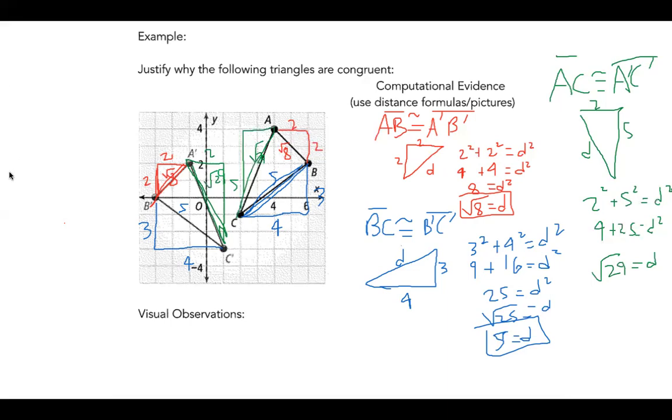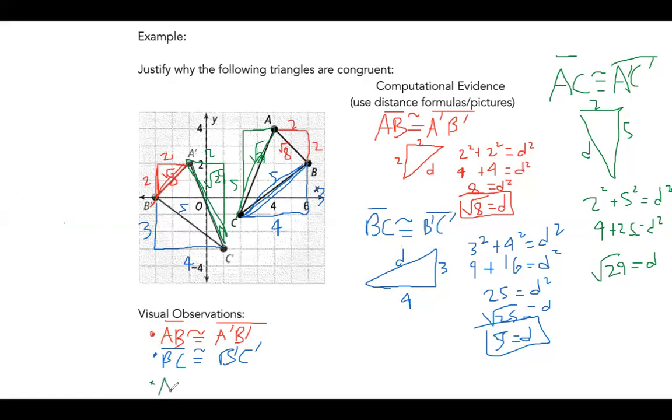Now, I should say that before you do the proof, if you're struggling a little bit with the computations, you might just want to make the visual observations. So even just saying that AB is congruent to A prime B prime, and BC is congruent to B prime C prime, shows that you are already getting the structure of the proof.